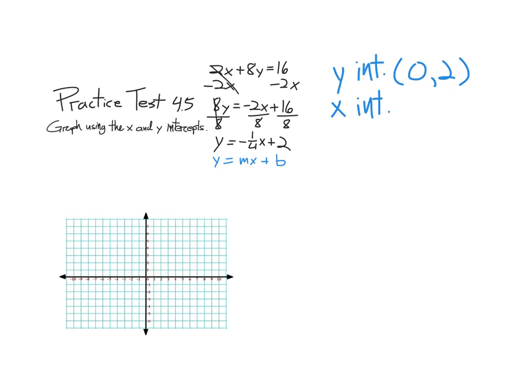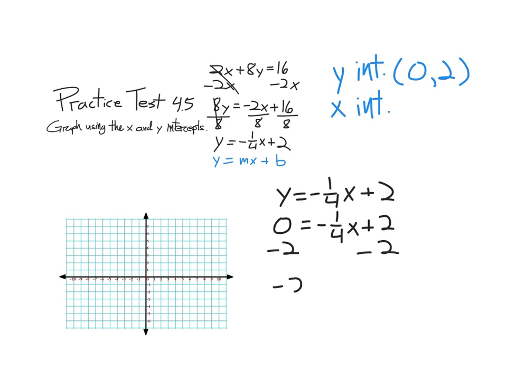Now I need my x-intercept. In order to find my x-intercept, I need to substitute 0 in for y. So I get 0 equals negative 1/4 x plus 2. And then I need to solve for x. So I'm going to subtract 2 from the right, subtract 2 from the left. I get negative 2 equals negative 1/4 x.